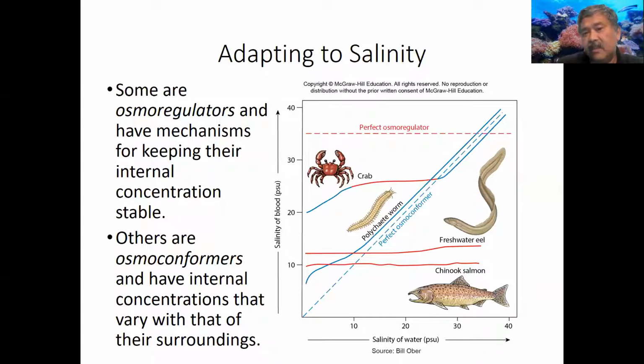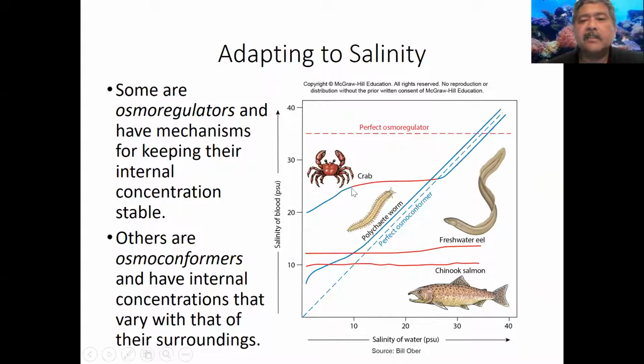But if the polychaete is in an area that is too salty, then the water is going to be drawn out of the body of the polychaete. And so it needs to move back and forth and live in the areas of the estuary that have about the same concentration as the internal one.